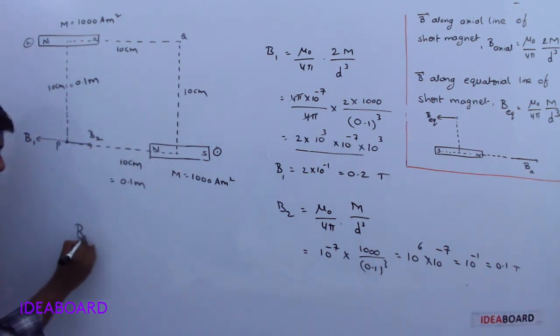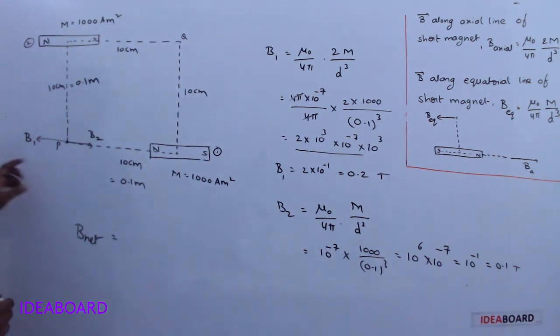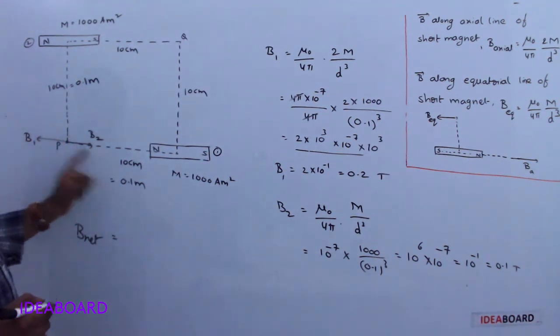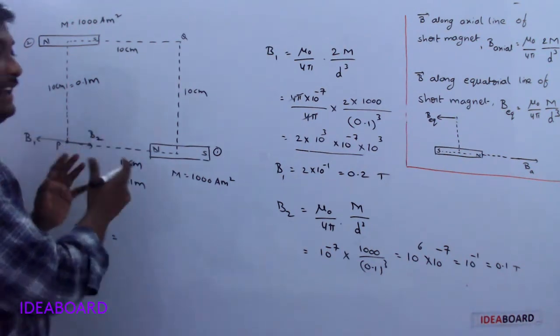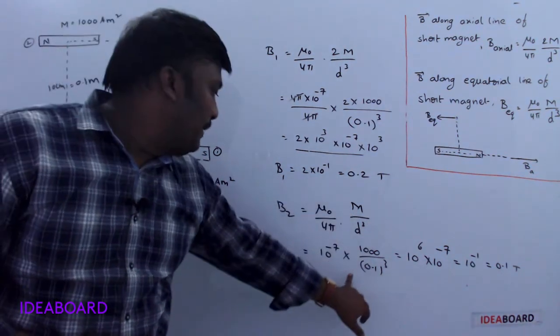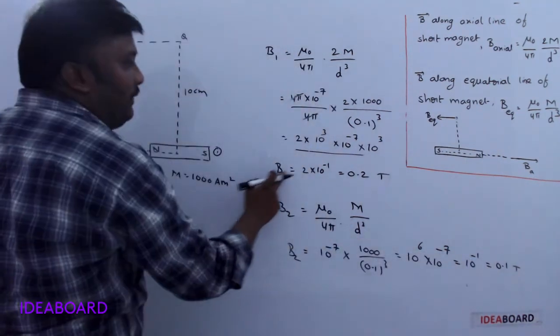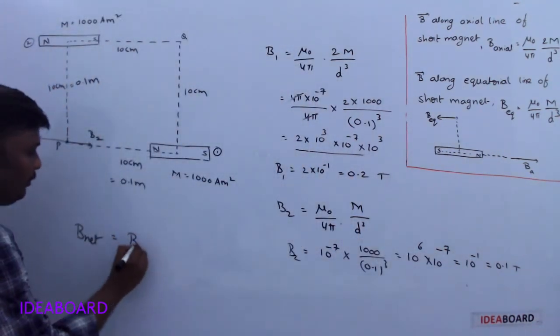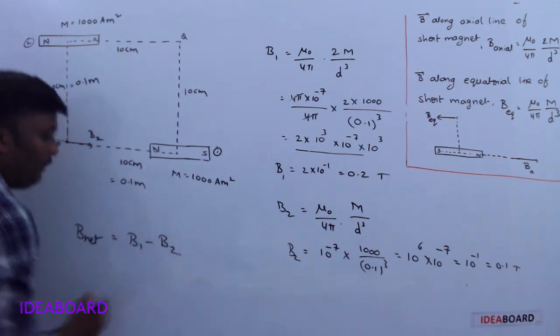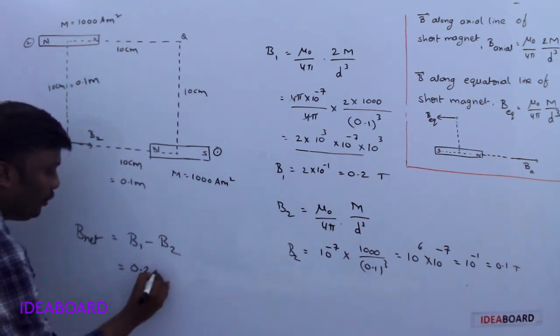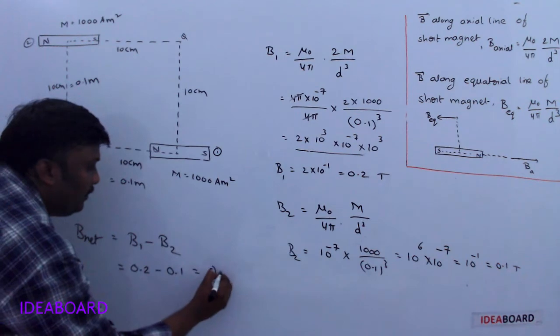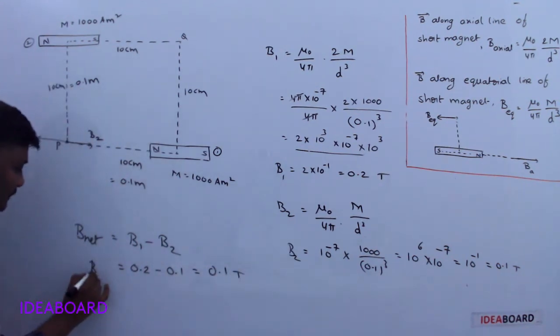So what is the value of B net? Out of these two, which one is more? You can subtract one from the other. Here B1 is more compared with B2, because B2 value is 0.1 and B1 value is 0.2. So the net value becomes B1 minus B2, that is 0.2 minus 0.1, 0.1 Tesla.